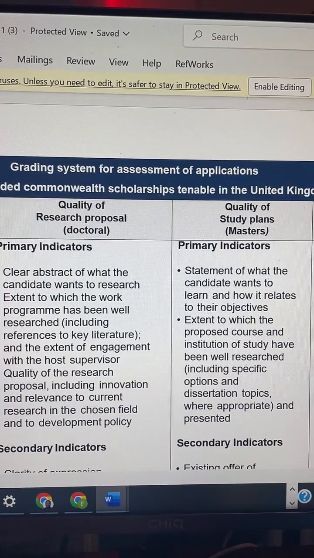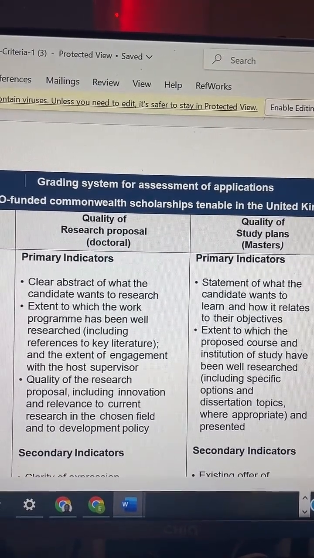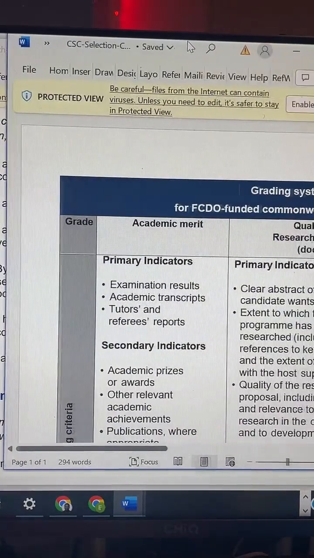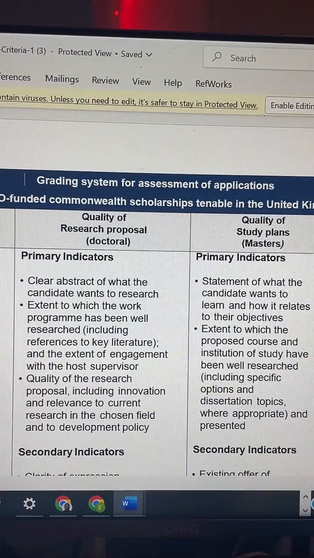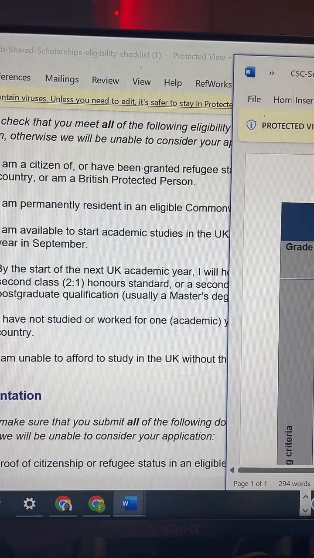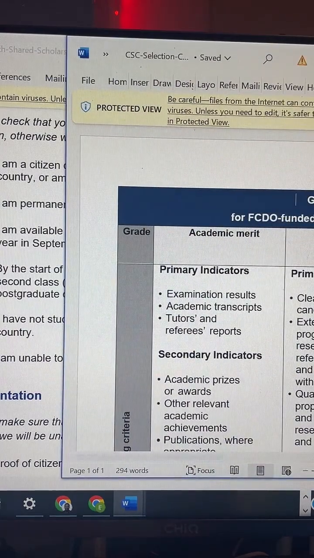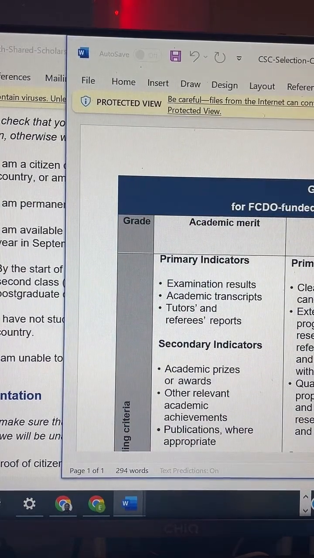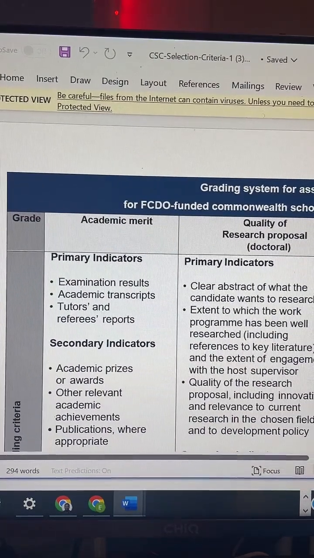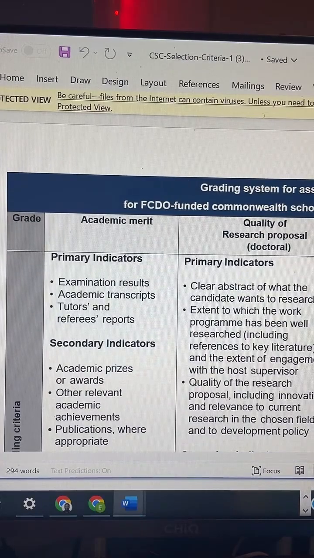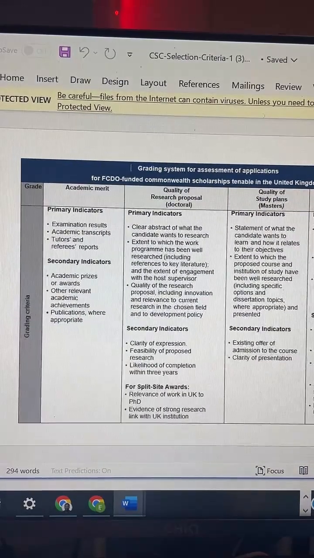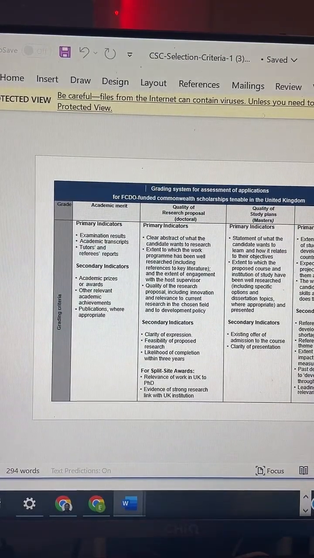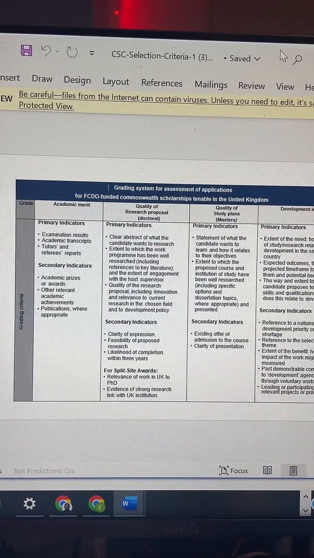Selection criteria. So this is what I wanted us to take a look at. We can consider this to be maybe the marking scheme, or what they are going to be looking at in selecting an applicant for the scholarship.